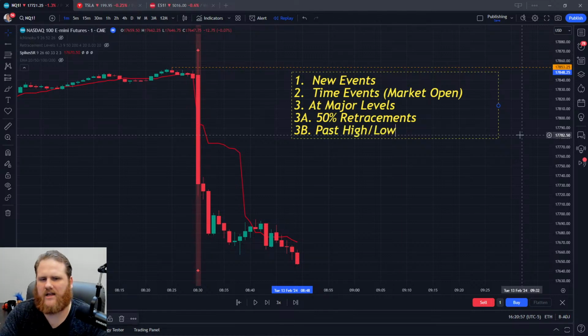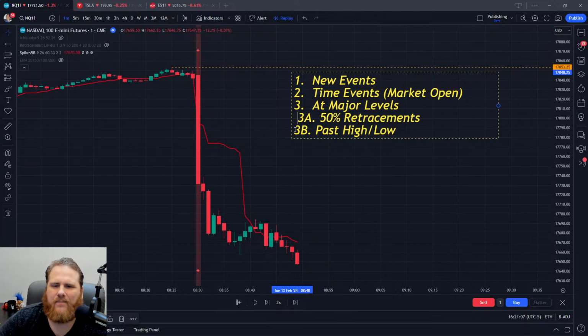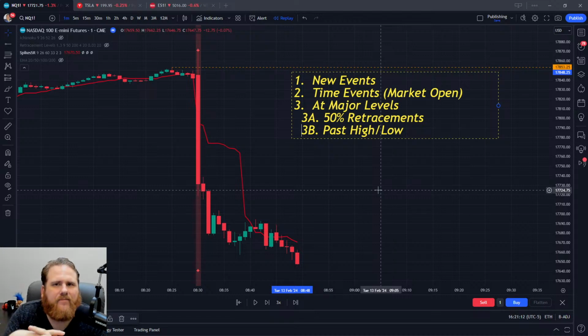Now, these get a little nebulous. In other words, they get a little tricky, but we're going to look at some examples of this. And so these are the kind of instances that I want to look for these spikes to happen. And if they do, then they're going to be a good bet. They're going to be a really good trade. It is worth taking a trade if it fits my rules, which we're going to go into in just a second, the rules around taking them.